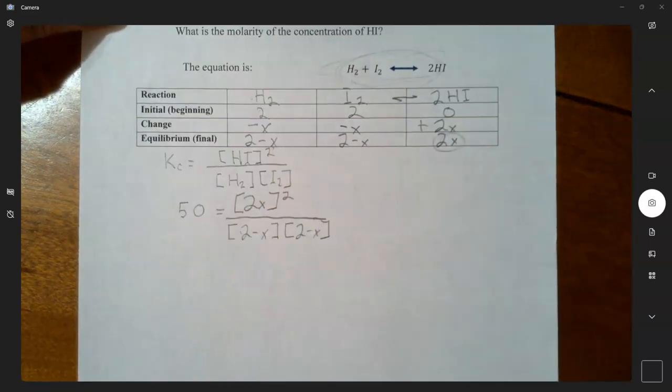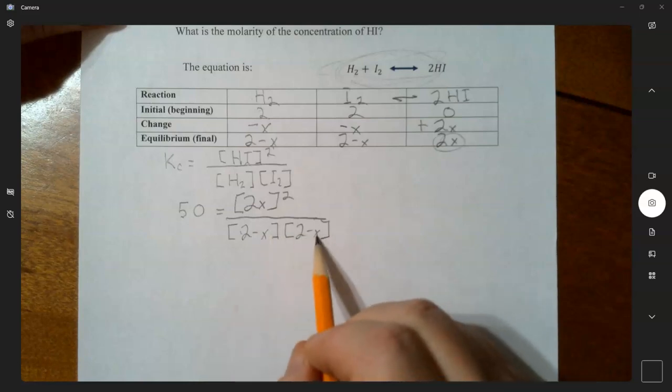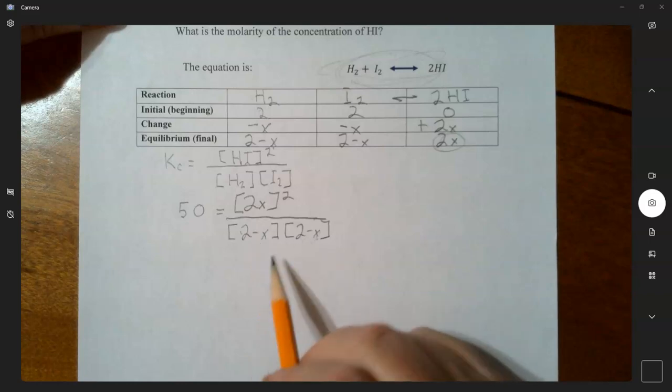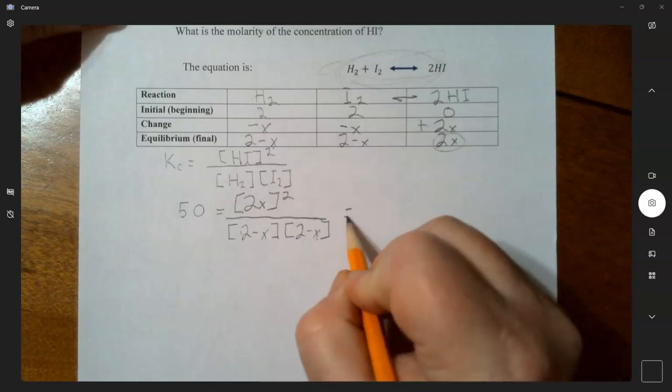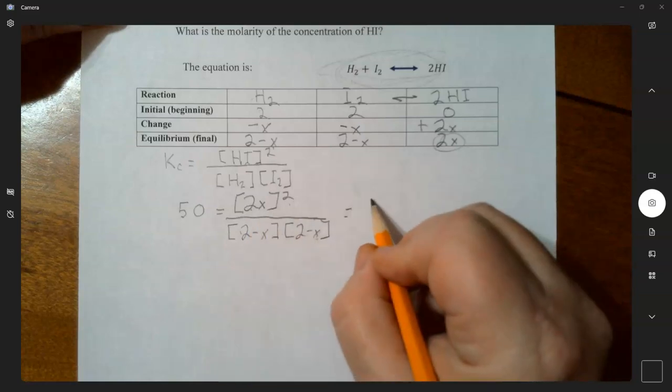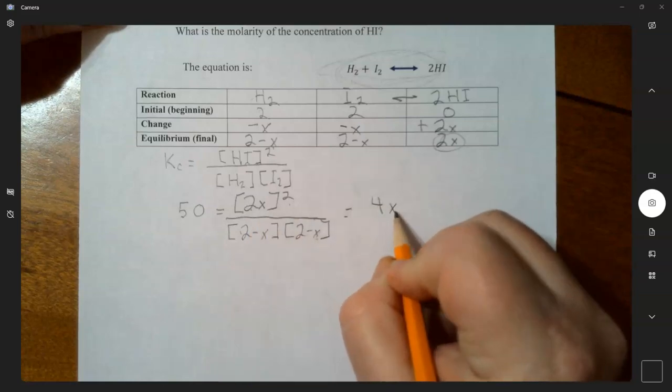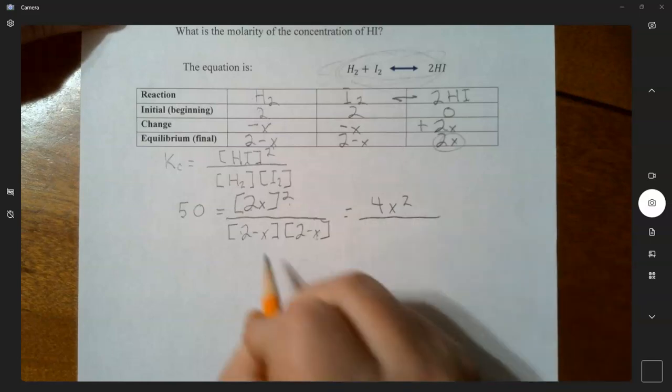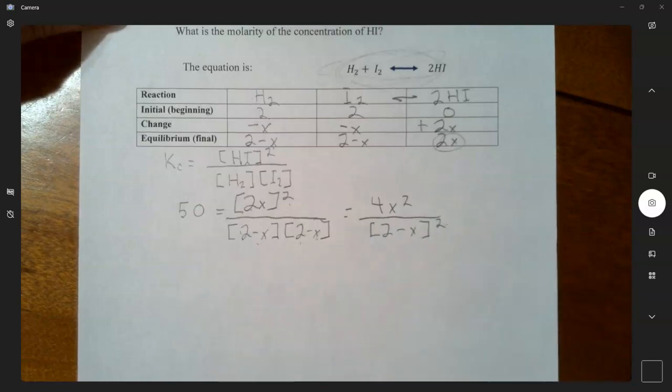All right, there you go. Now you don't need to use the simplifying assumption here, because you can turn this into a perfect square. So 2 squared is 4, x squared is x squared, so 4x squared on the top. And on the bottom, it's these two squared.